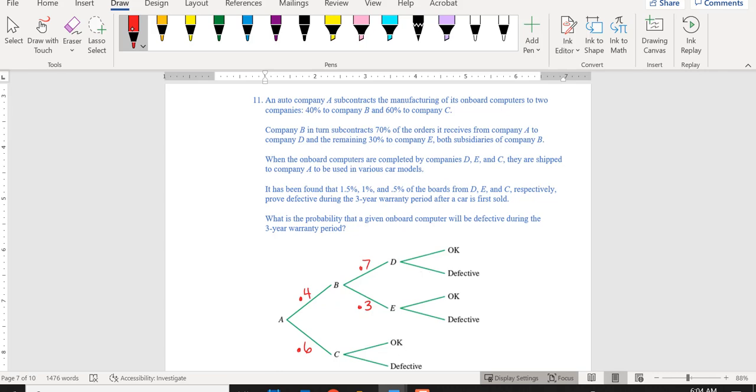When the onboard computers are completed by D, E, and C, they're shipped to Company A to be used. It's found 1.5%, 1%, 0.5% of the boards from D, E, and C respectively proved defective.